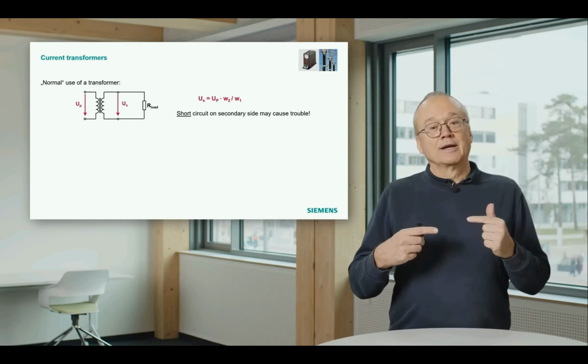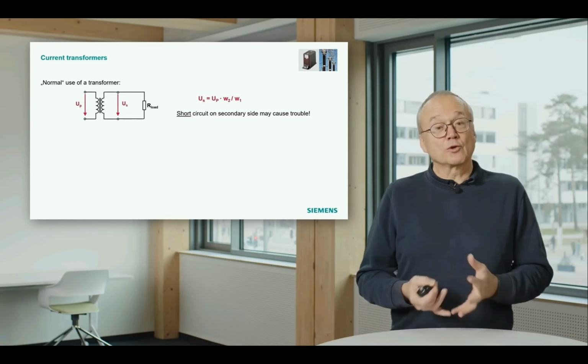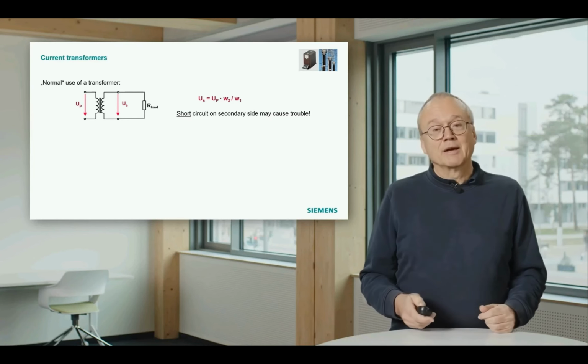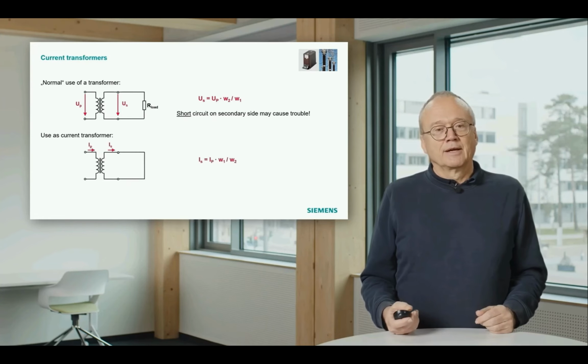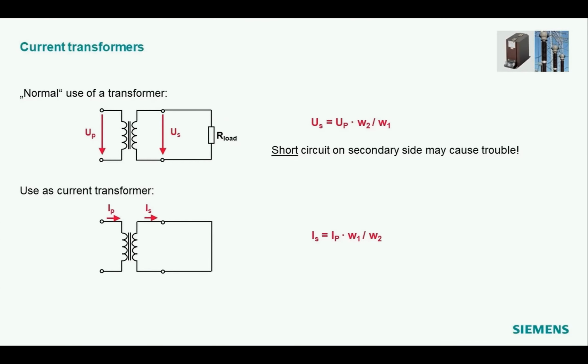So what is now a current transformer? It's also physically a transformer, but it's used a bit in a different way. What we do there is not applying a voltage on the primary side.